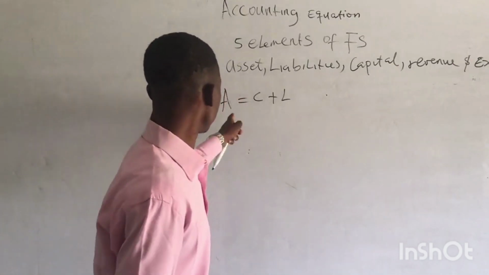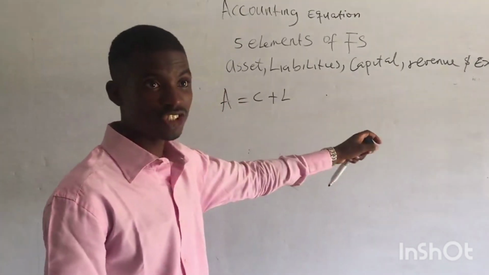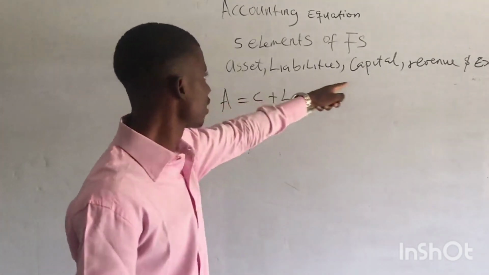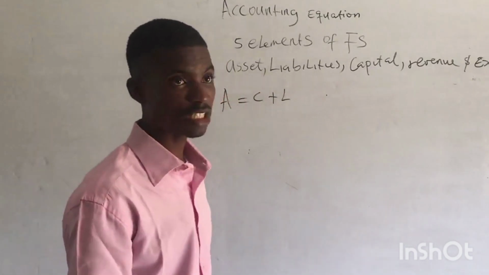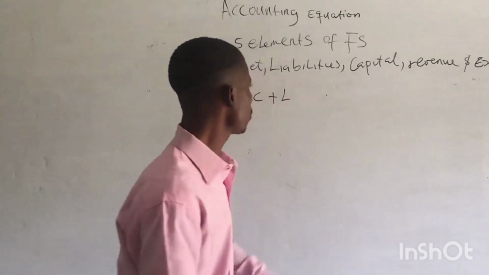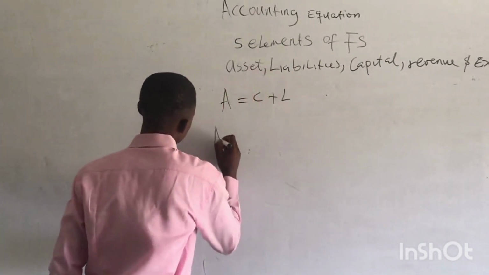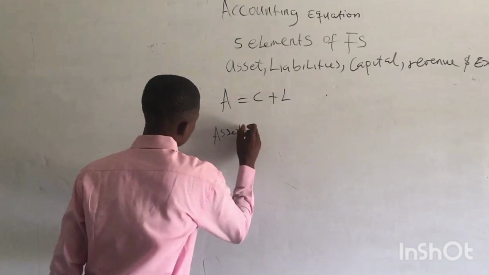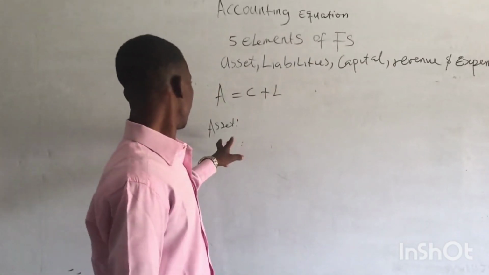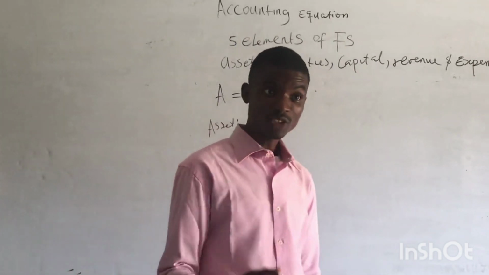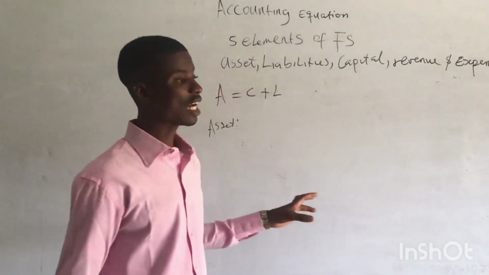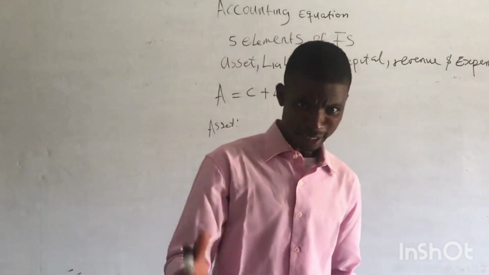But before I go into stating the mathematical relationship of this equation, let's first explain briefly the meaning of these concepts so as to help us understand deeply the meaning of the equation. First of all, let's start with the assets. As I said, assets are the properties of a business which are expected to be of future economic benefit.